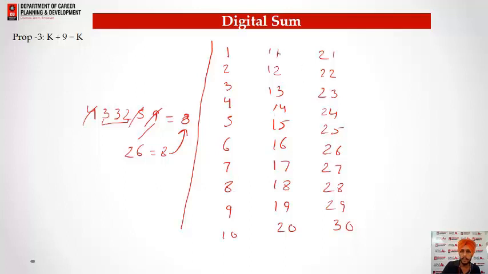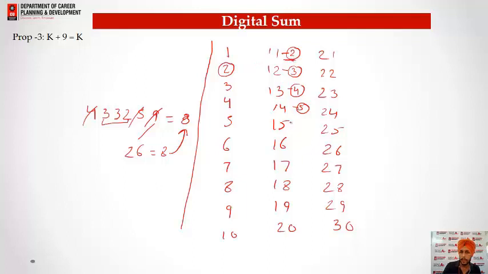And what will be the digital sum of this 11? That is 2. Digital sum of this 12? That is 3, 4, 5. So the digital sum here is 2. So again, where do I have the digital sum 2? Here only.